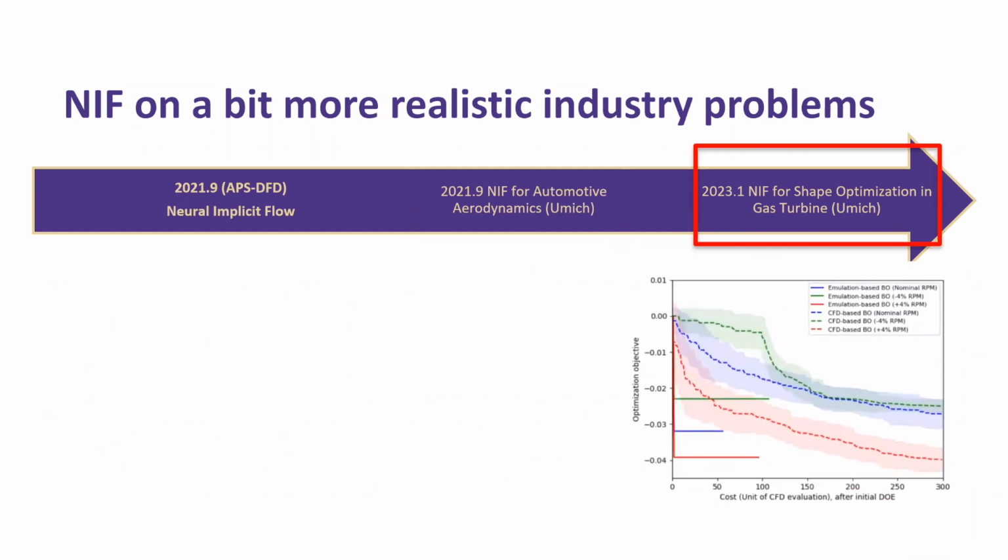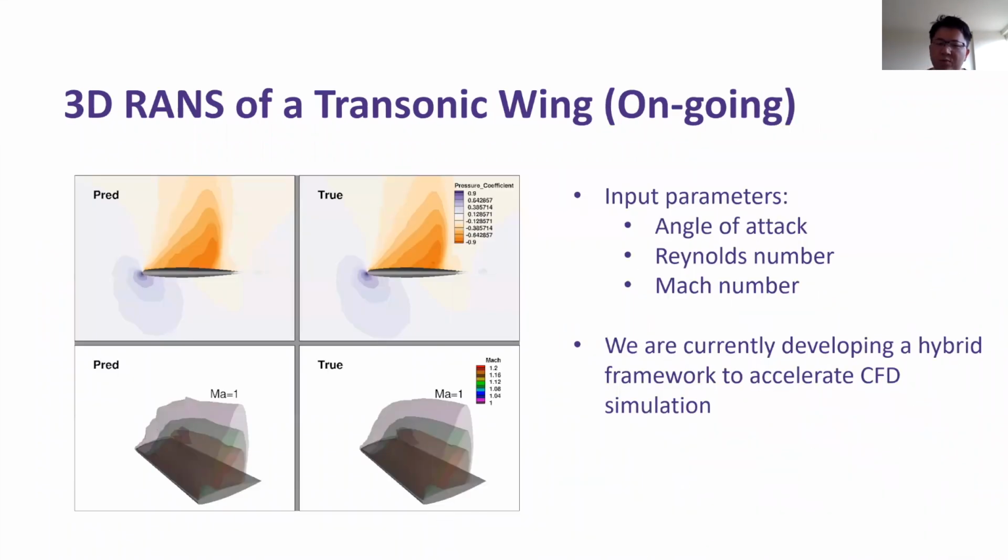So generally when using function approximation, to use a proxy function to speed up an optimization, you also have to figure in the time it takes and the data it takes to estimate that function in the first place. So are you at the point where it's an overall win yet? I believe in this case it's overall win, but if we want to make it better, I'm currently pursuing a new line, basically developing a hybrid framework to accelerate CFD simulations.